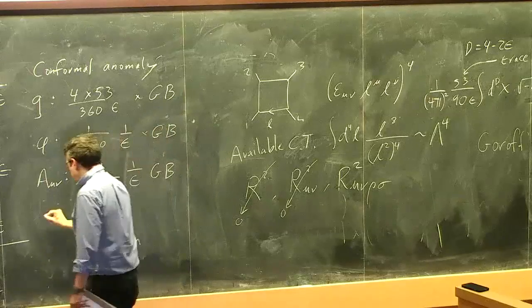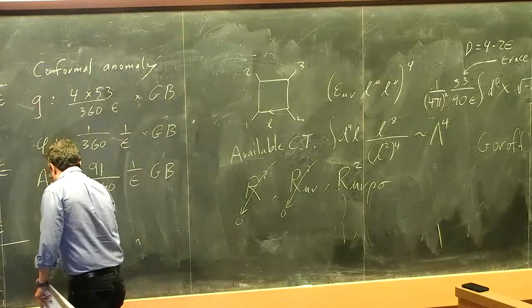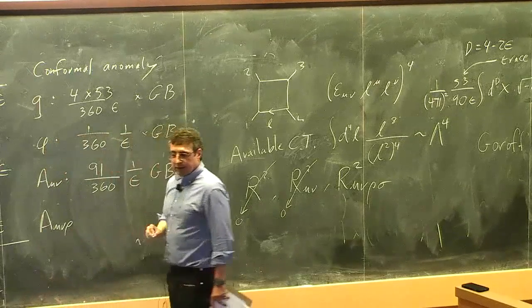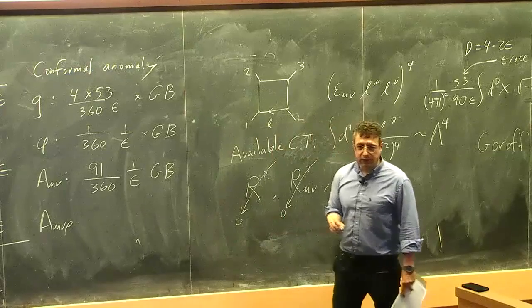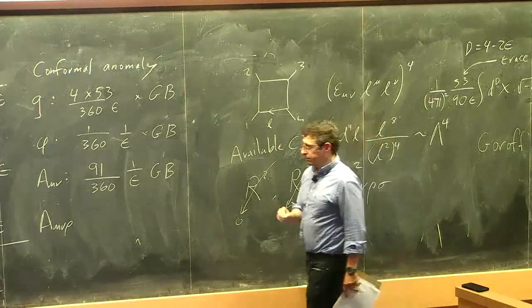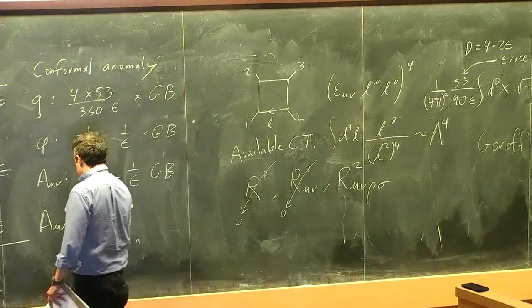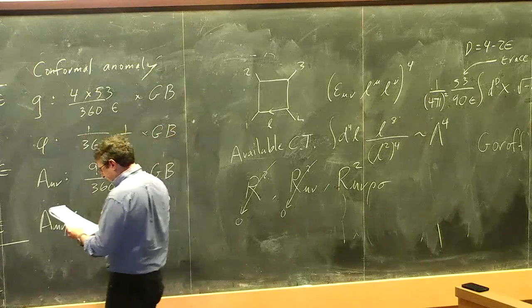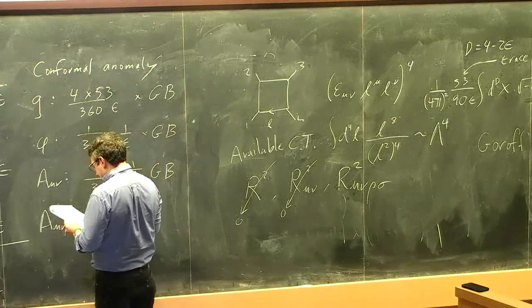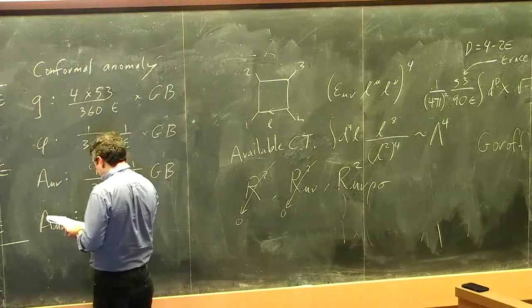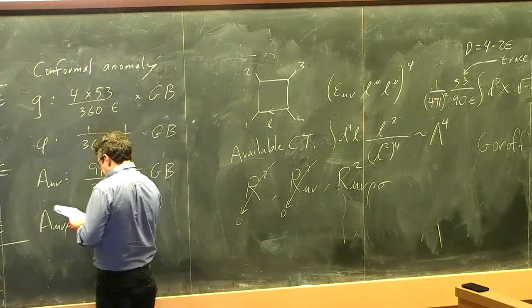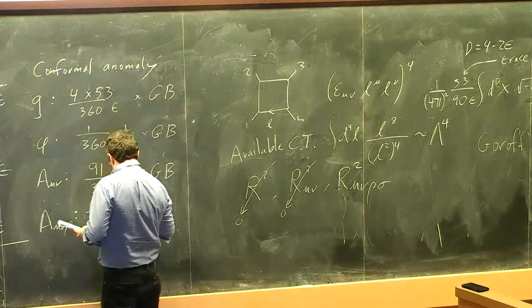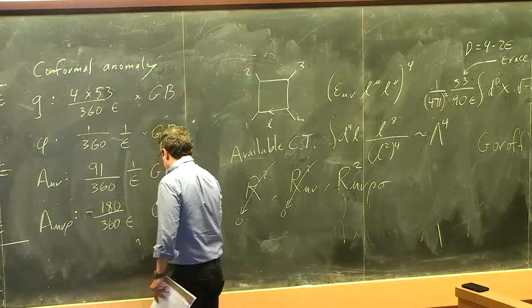And then my favorite field of all is the 3-form, because the 3-form in 4 dimensions has no degrees of freedom. Right? So there's nothing there. But, of course, it has a contribution, a very big one. It's got a minus sign, probably good, over 360, epsilon, and then Gauss-Bonnet.